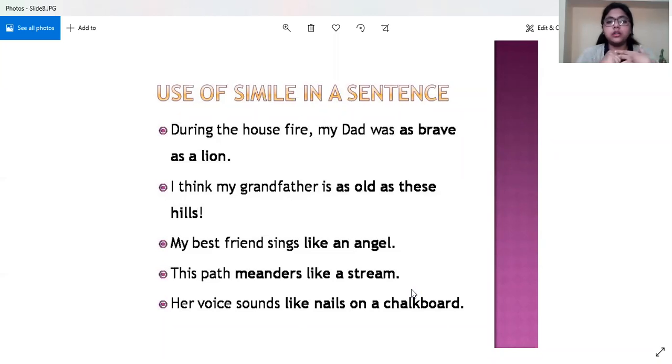So that is the use of simile. When we do poetry and stories, we come across several sentences where similes are used, right? It is a literary device, a figure of speech which is used to add more effect in a piece of writing, or in your speech and the like.